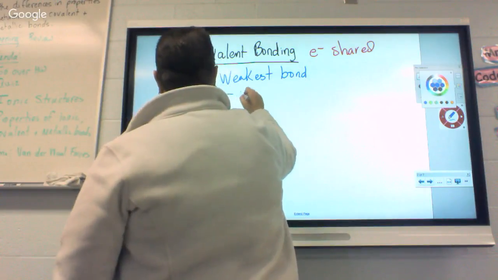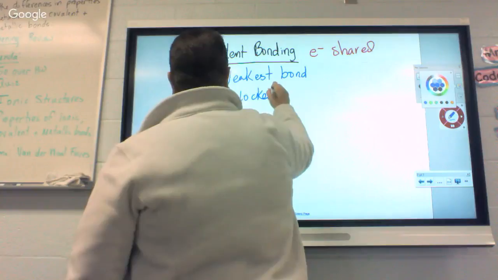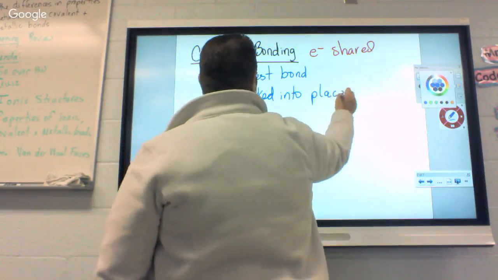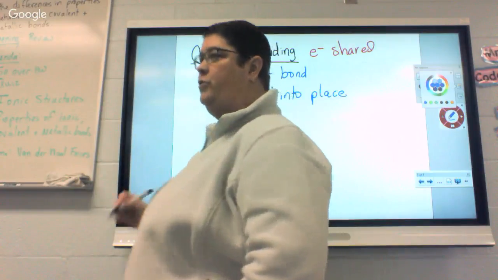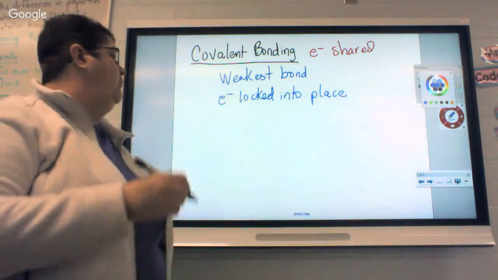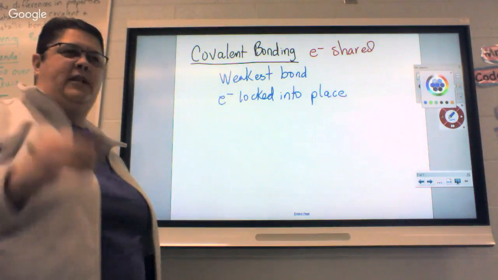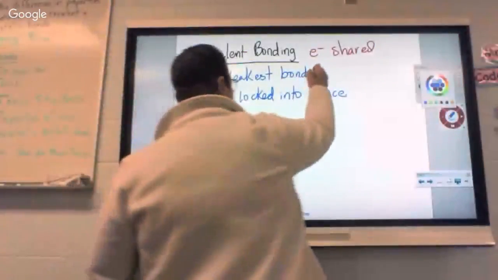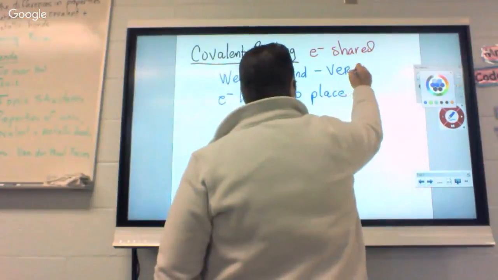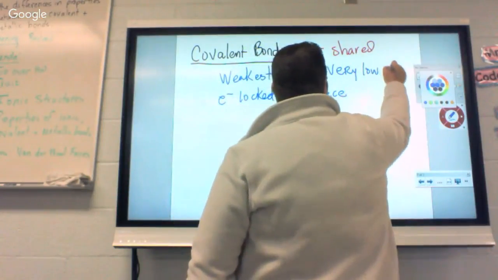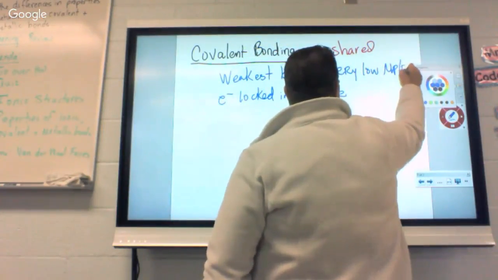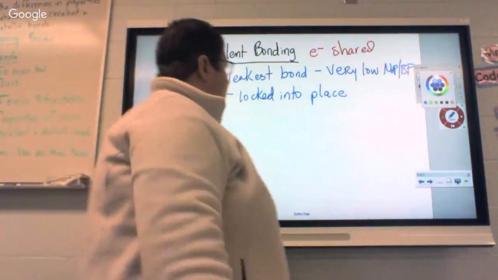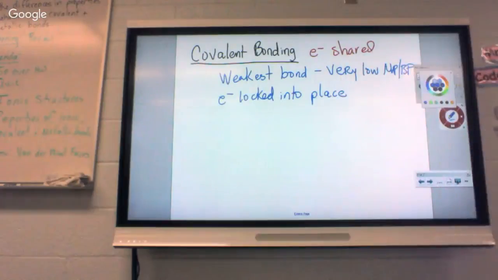The electrons are locked into place. So, if they're the weakest bond, what does that tell you about their melting point and boiling point? It's very low, okay? Very low melting point and boiling point.